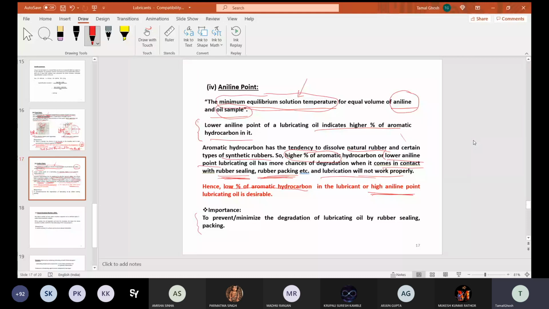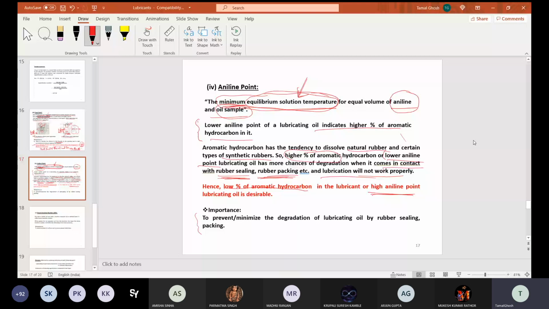Okay, so the minimum equilibrium solution temperature, this word minimum is there, for equal volume of aniline and oil, that is known as the aniline point. So this is a two-liquid material. It may mix.